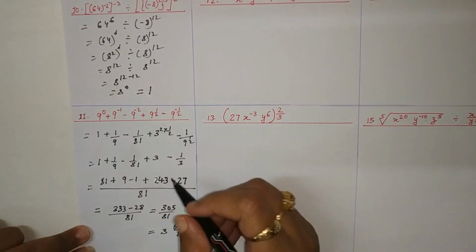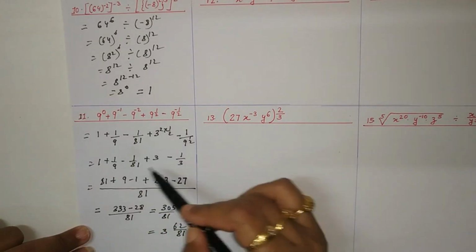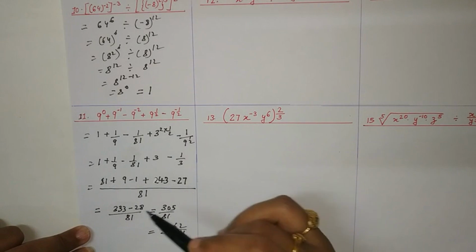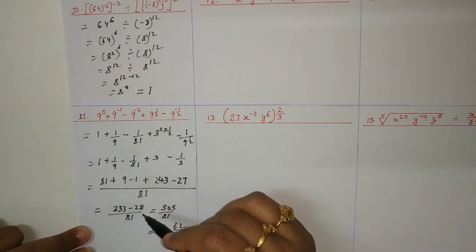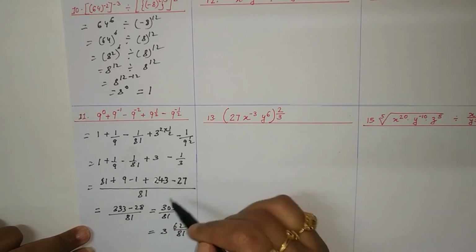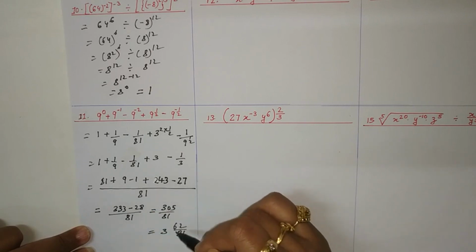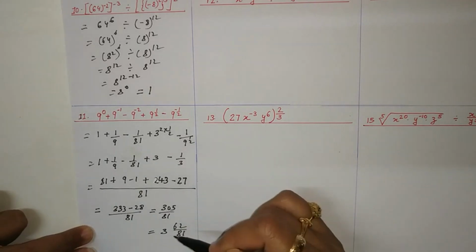Okay, so a little bit of calculation here, because 81 is the LCM. You have to take care of the numerators, all the positive numbers to be added first, and all the negative numbers to be added, and finally they are subtracted and changed into a mixed number.